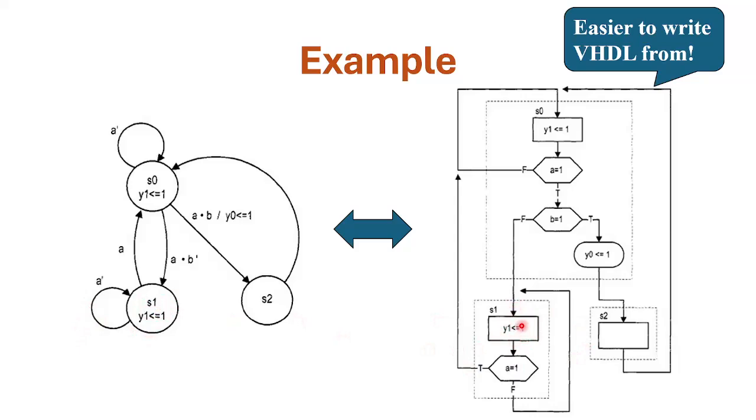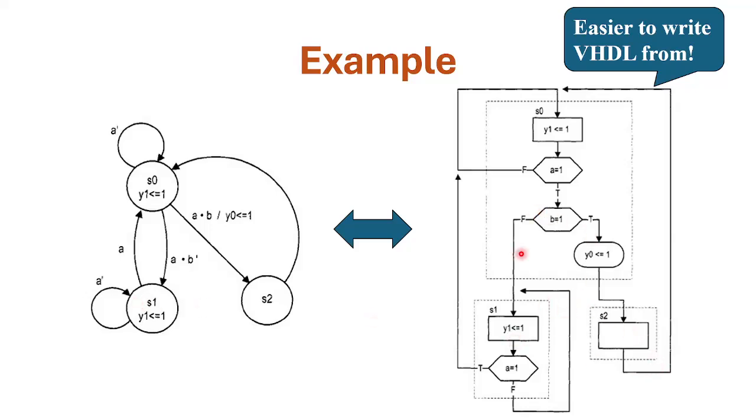You enter and you assign directly, unconditionally, because this is a Moore output, 1 to Y1, and then we check on A, and if A was equal to 1, then we go back to state S0. If A is equal to 0, then we stay and come back into state S1 or block B1.